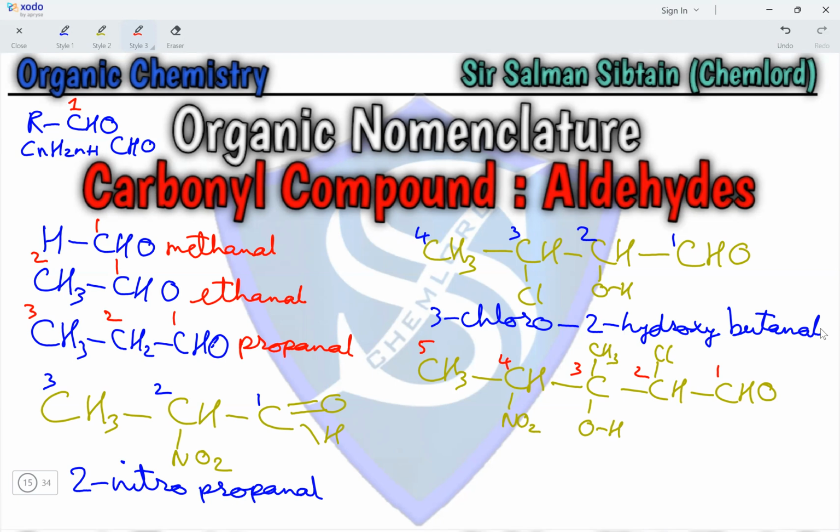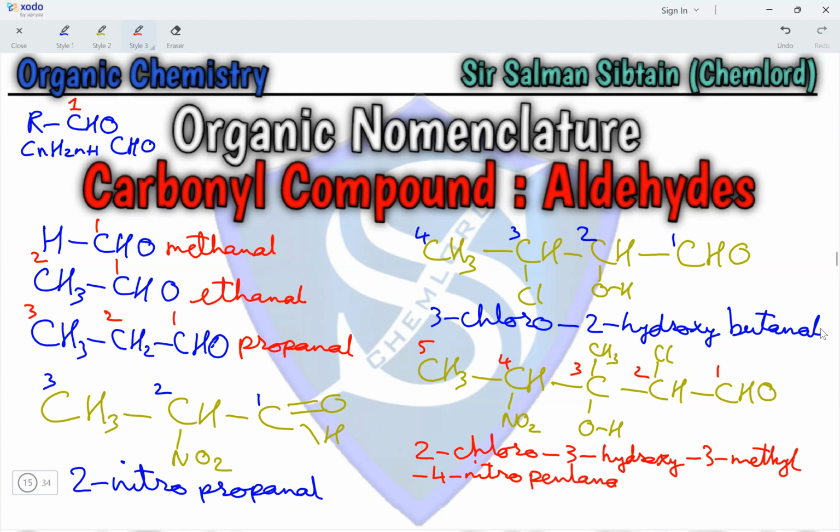Now the preference would be given to chloro, followed by hydroxy, followed by methyl, followed by nitro. So the name of the compound would be 2-chloro-3-hydroxy-3-methyl-4-nitropentanal.